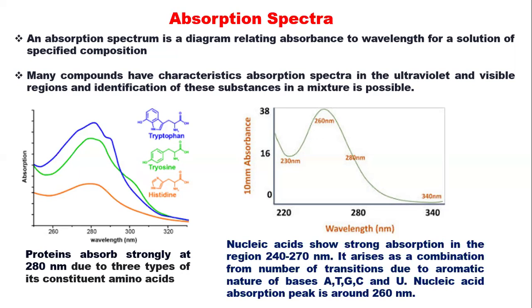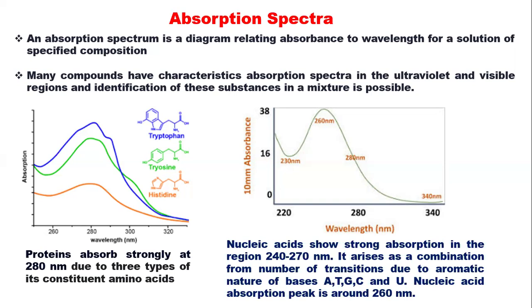Basically, when you are asked to plot an absorption spectrum, remember that each solution that can absorb light has a region where it absorbs light maximally. So we're talking about absorbance and also the wavelength where that particular absorption takes place.